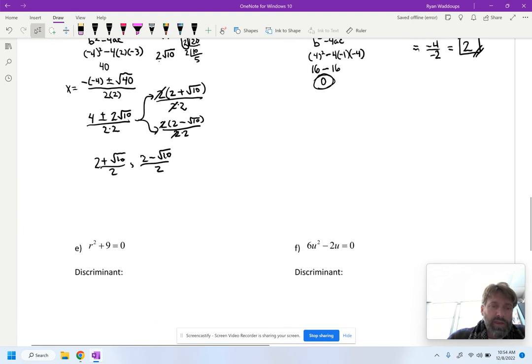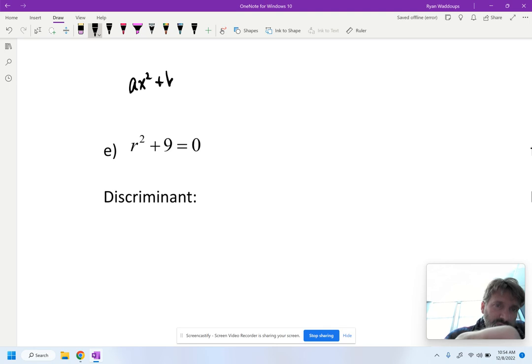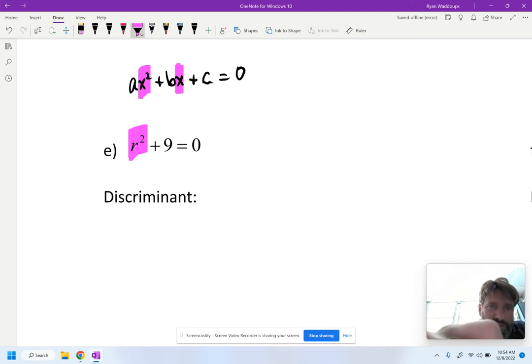All right, E. Now, you look at one like E, and you've got r squared plus 9 equals 0. And our standard form is ax squared plus bx plus c equals 0. In this example, instead of x, we're using r. And up here I see another term that has an x in front of it.